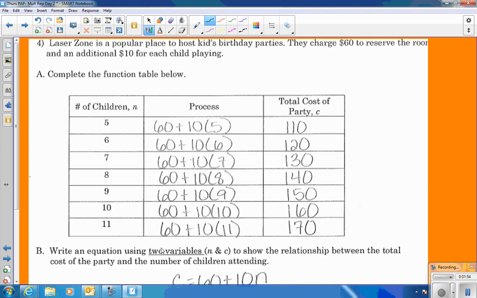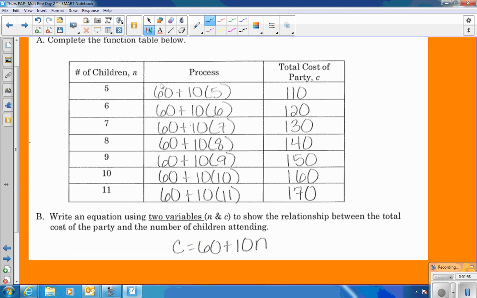So in our last example from today's homework, we had something added or subtracted to our equation, which makes this a non-proportional relationship. You can tell again from the chart by if you plug in 0, 60 plus 10 times 0, that goes away and your output value is 60.